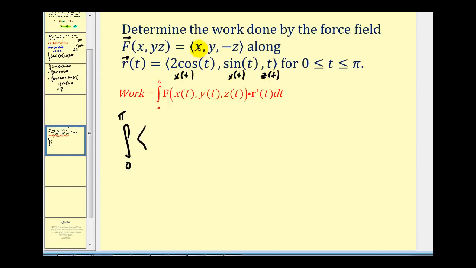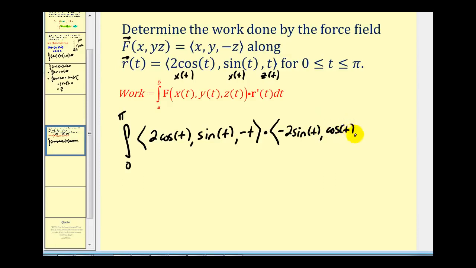So the x component is equal to x, that'll be 2 cosine t. The y component will be y, so it's still sine t. And the z component is the opposite of z, so that'll be negative t. And we'll dot this with r prime of t. So we'll have negative 2 sine t, cosine t, and 1.